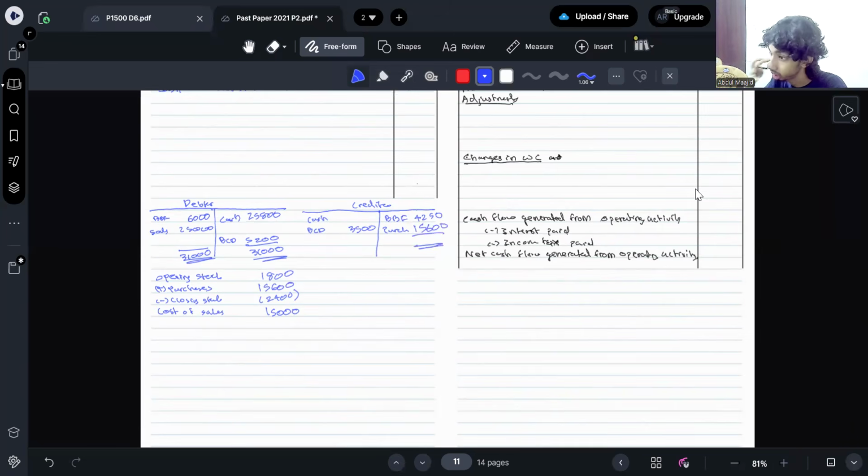Now you can balance and find how much is the cash paid to creditor. 15,600 plus 4,250, that is 19,850. 19,850 minus 3,500, that is 16,350.